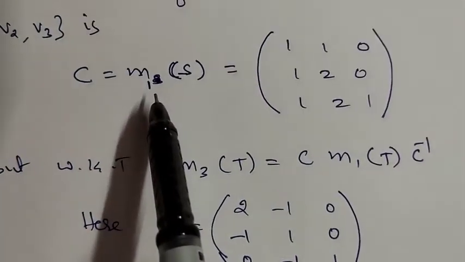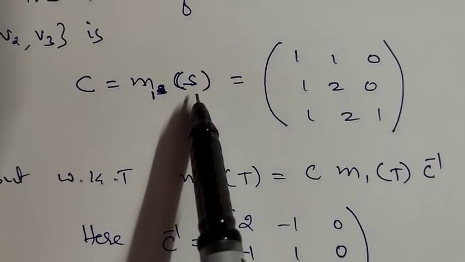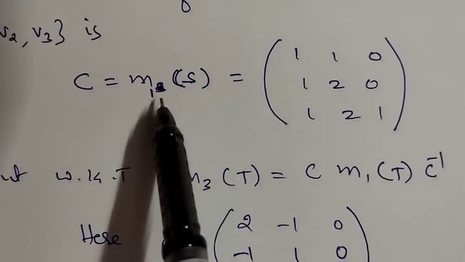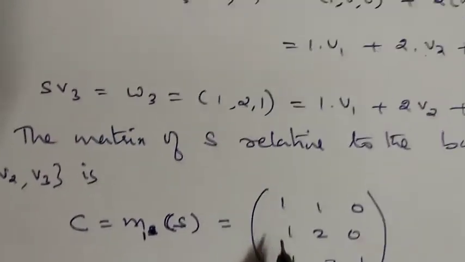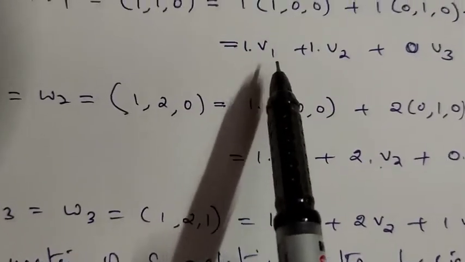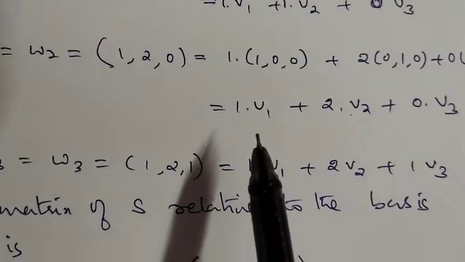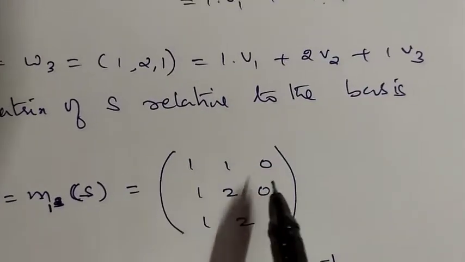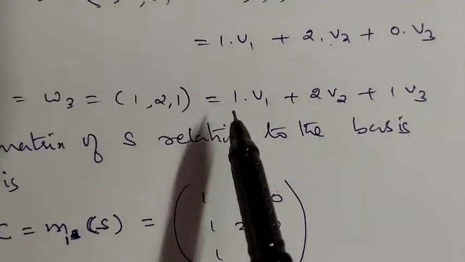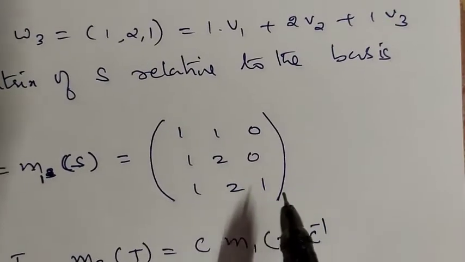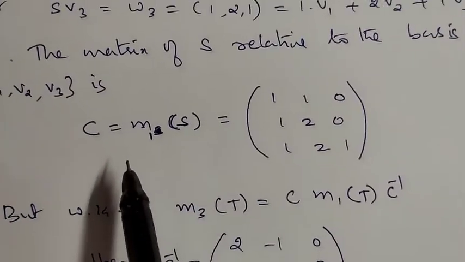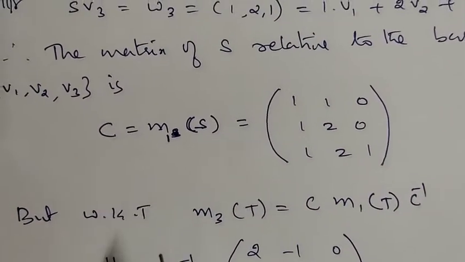So, that's why I write M1 of S, or matrix of S related to the basis 1. So, what is the matrix? It is 1, 1, 0, next 1, 2, 0, next the third one 1, 2, 1. So, now we obtain the matrix of change of basis, which is C.